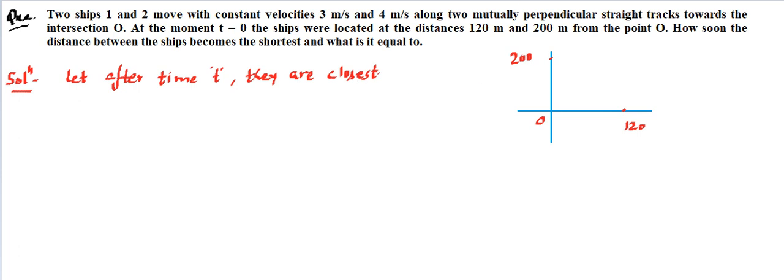So where will they be located? This was moving with the velocity, initial velocity given as 3 meter per second, and this was moving with the velocity 4 meter per second. Now you will identify that this ship might be coming here, and this ship will be coming over here. So this is ship number 1 that is traveling, and this is ship number 2.